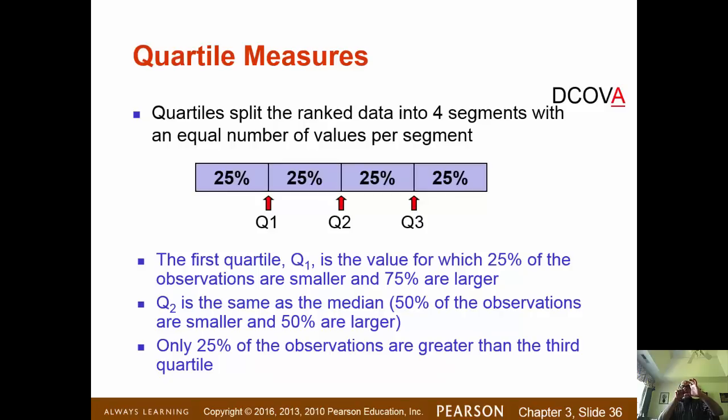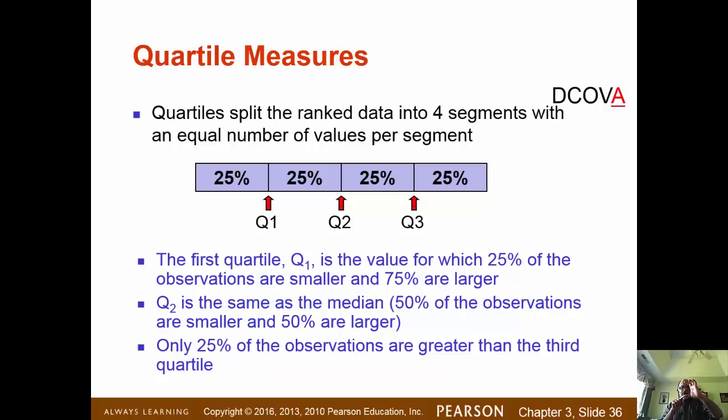The number right at the center of the top half will be 1 quarter of the list down from the top. So that number is called the first quartile, Q sub 1.